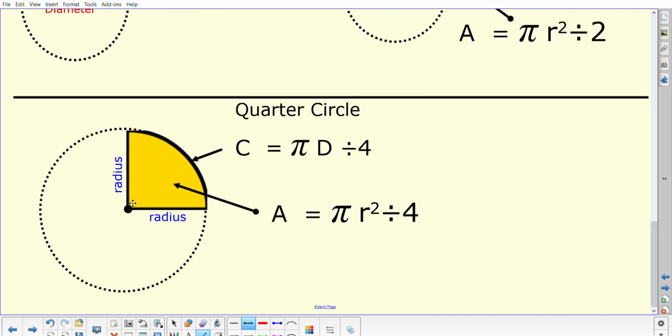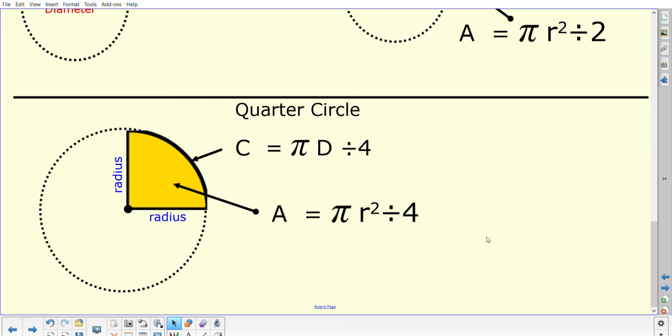With a quarter of a circle, same idea. In terms of the measurement that you're usually given with a quarter circle, this measurement here actually represents the radius. If you think about what a quarter of a circle would look like, that corner point there is your centre point, and when you're given this distance here, it's actually the radius they've given you.